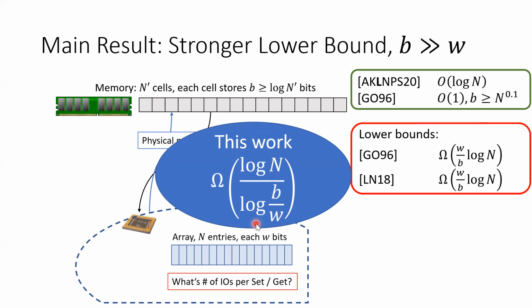So our lower bound actually matches two extreme cases for the range of parameter of B. We don't know much in between for this parameter B, whether in between we can improve lower bound or upper bound, but at least we greatly reduce the room between upper bound and the lower bounds.